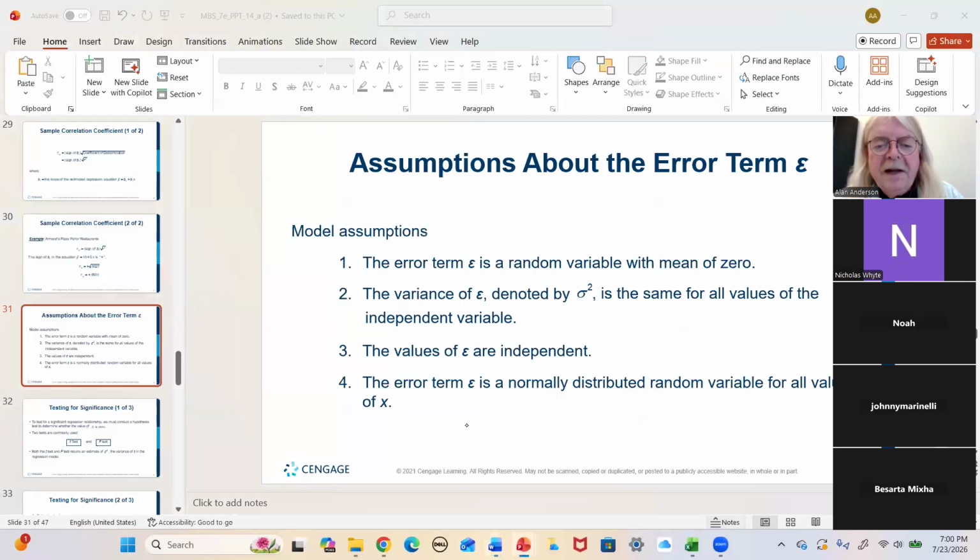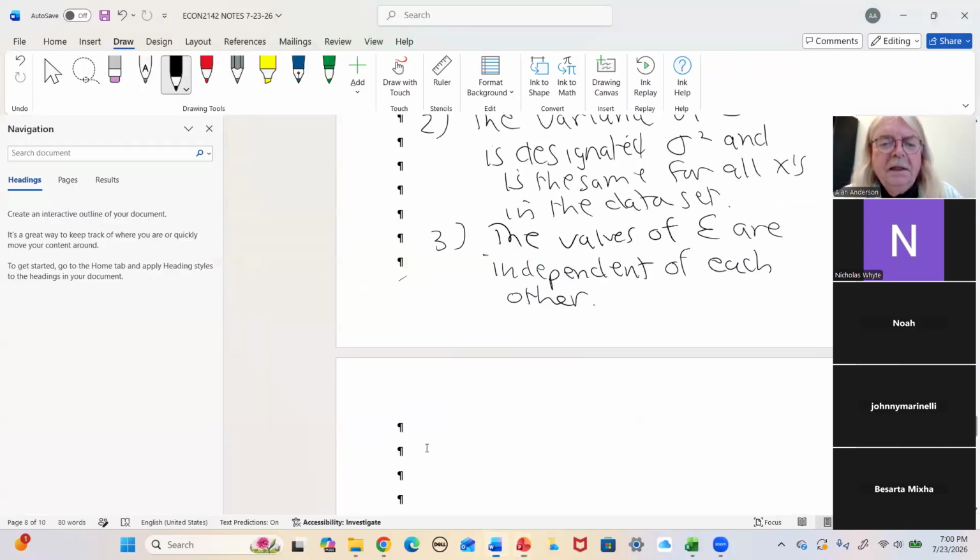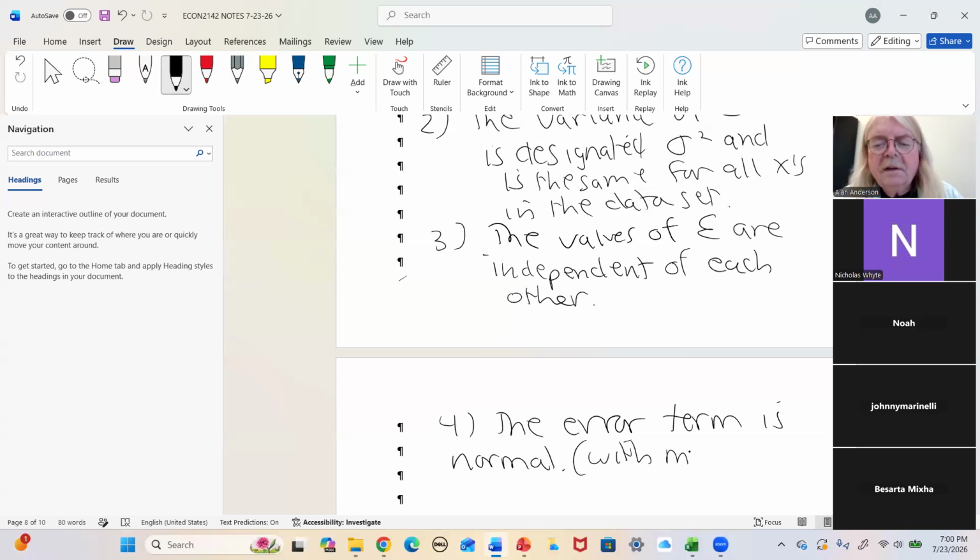Three, the values of the error terms are independent of each other. And then number four, the error term is normal. And it reminds us here with mean zero, sigma squared.